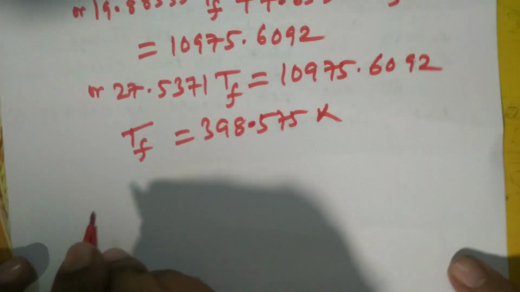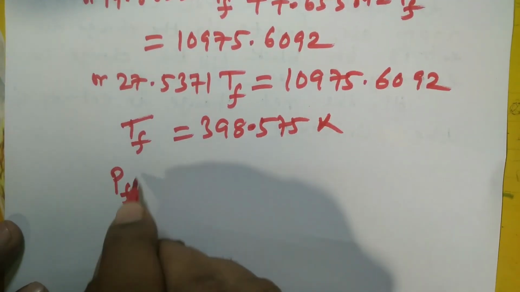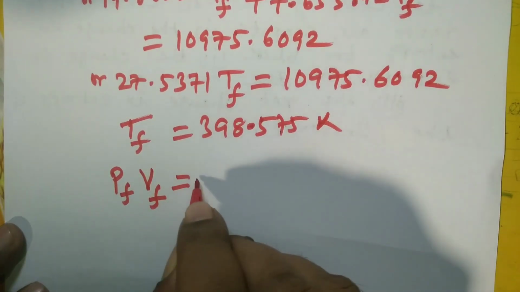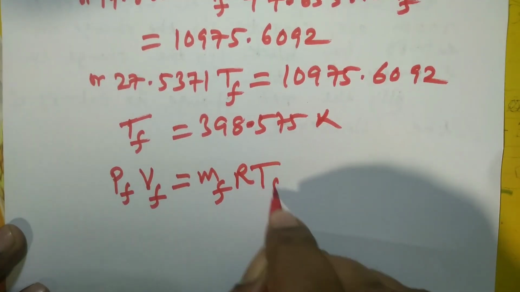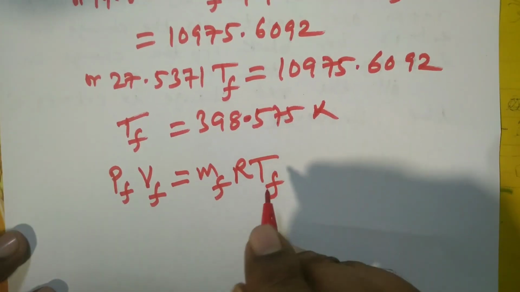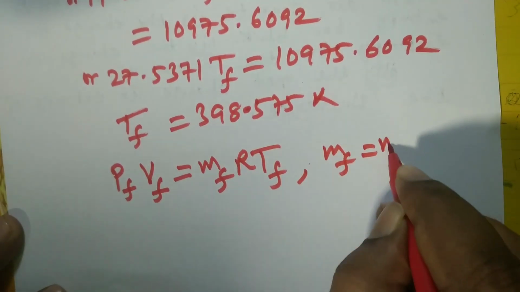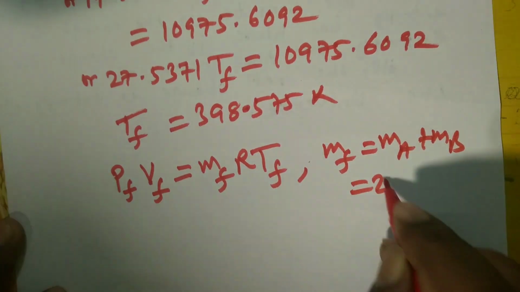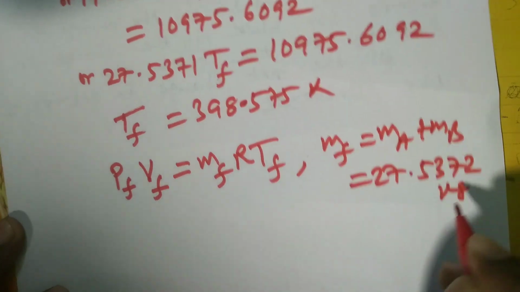Then we can find the final pressure from the ideal gas equation, that is Pf Vf is equal to MF R TF after just mixing has taken place. MF is nothing but MA plus MB, which is 27.5372 kg.